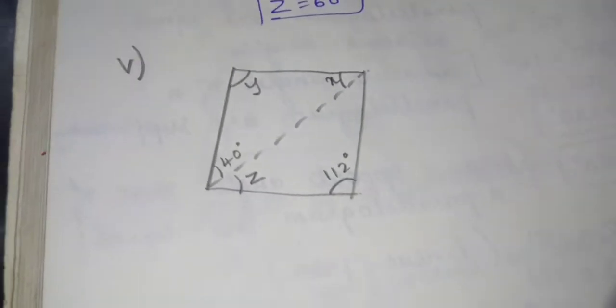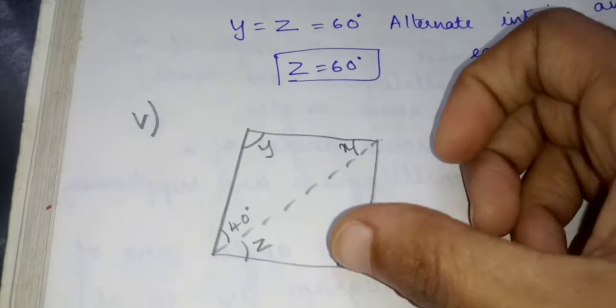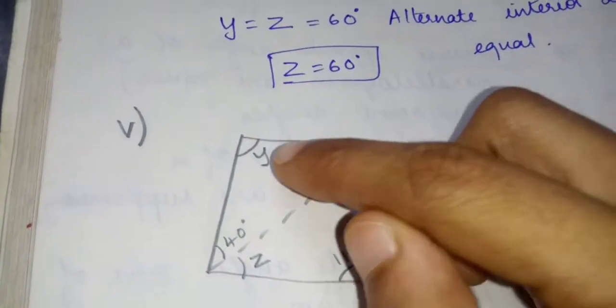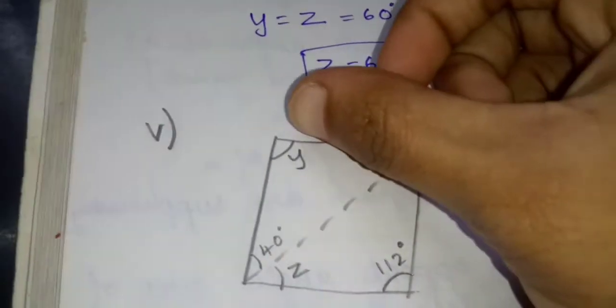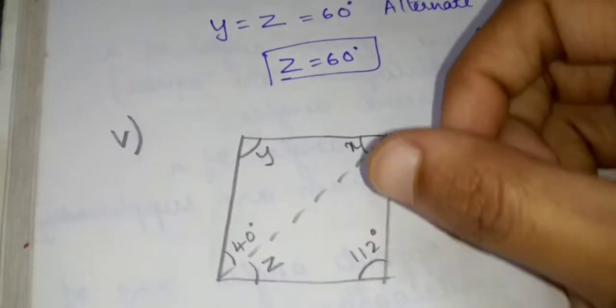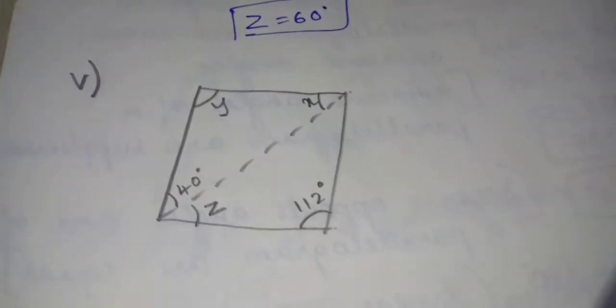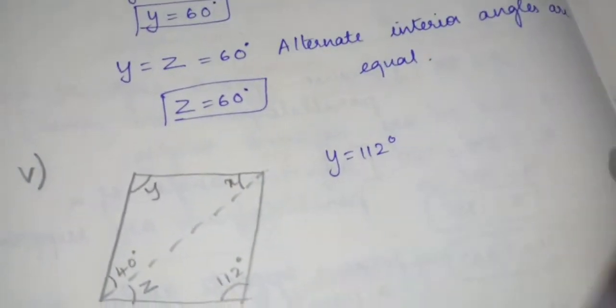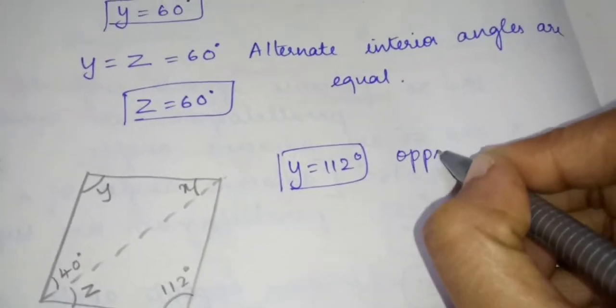Now, by these two angles, we can say y is equal to 112 degrees. Why? Because this angle and this angle are opposite angles. So opposite angles of a parallelogram are equal. So y is equal to 112 degrees.